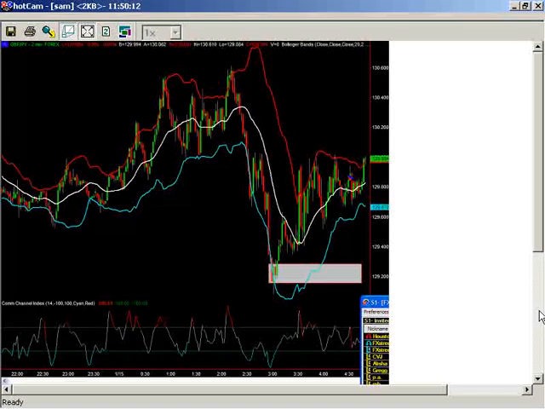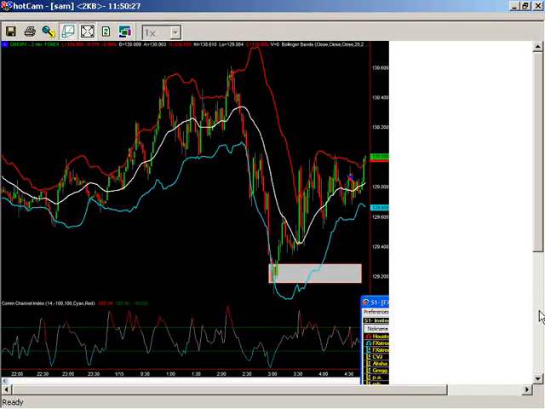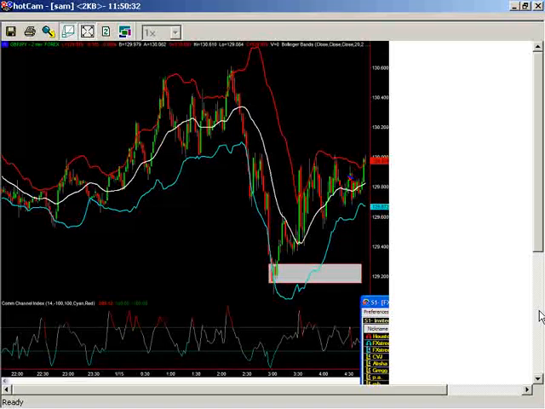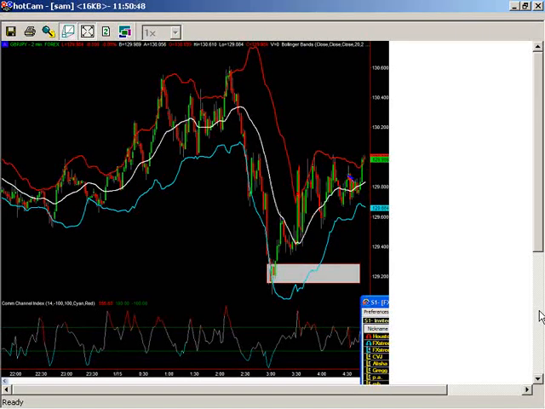You don't need to make it all complicated. You can use a 20-period moving average, but I tend to use something a little smoother like a 50 on a bigger time frame. It's just a nice general setting that shows you what the trend is. I use a simple moving average.